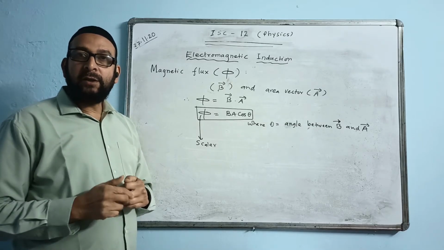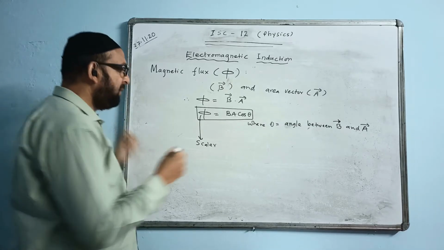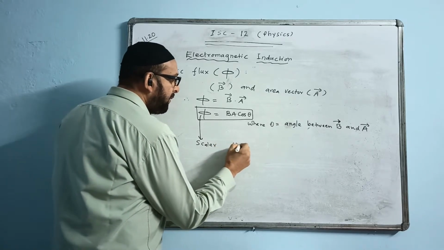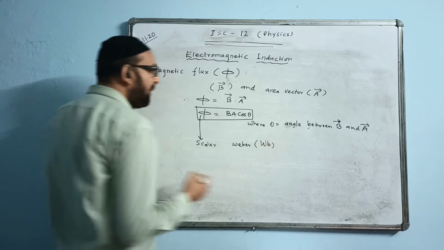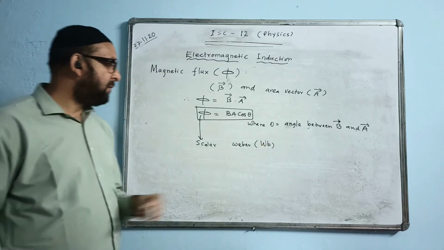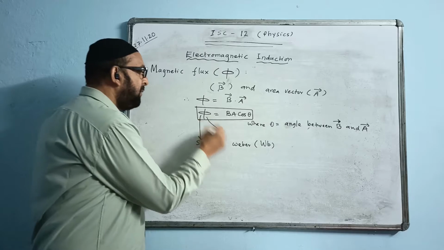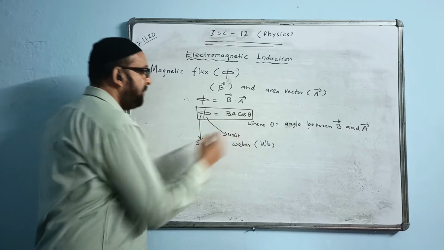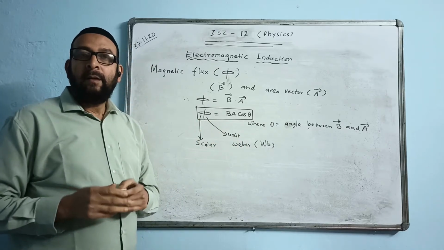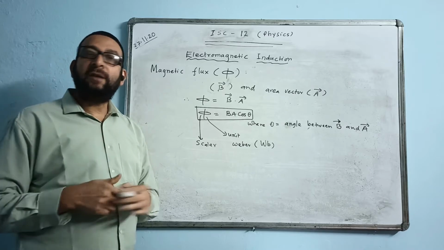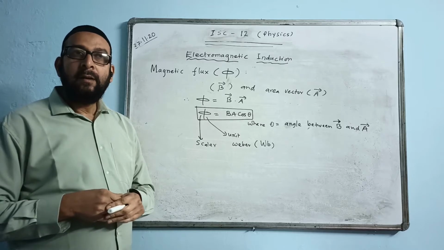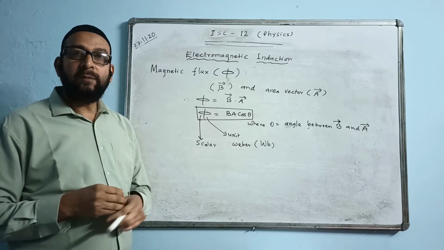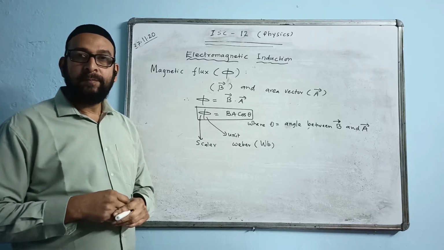with the SI unit, Weber, W-E-B-E-R, Weber, and we denote it by WB, capital W, small b. This is the SI unit. If you remember, the SI unit of electric flux was volt meter or Newton meter square per coulomb.